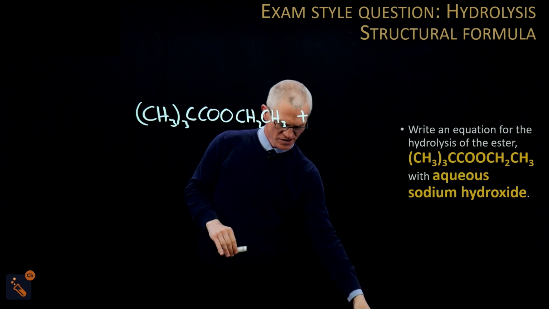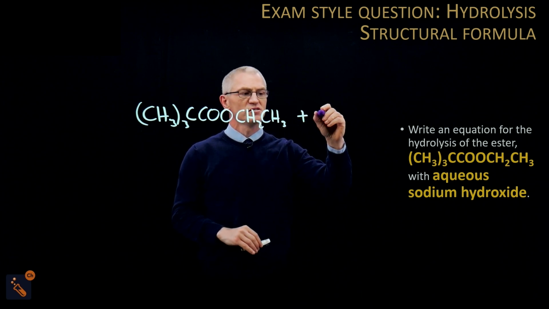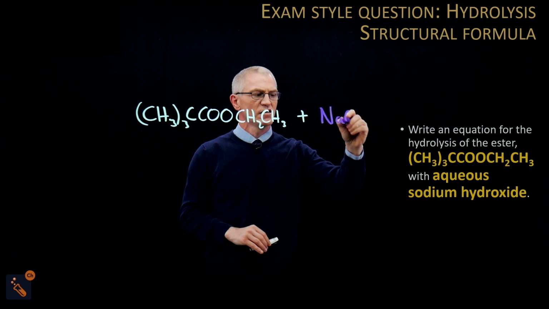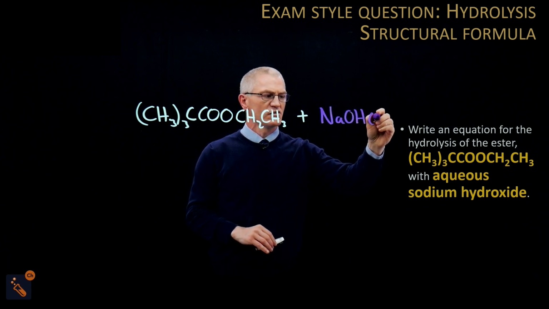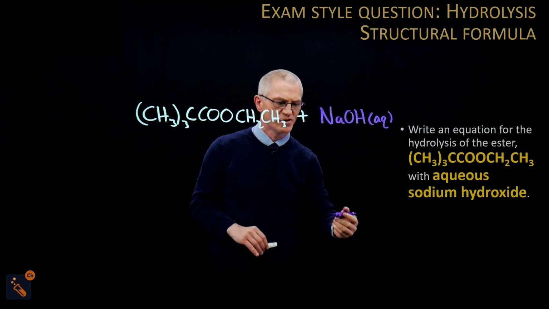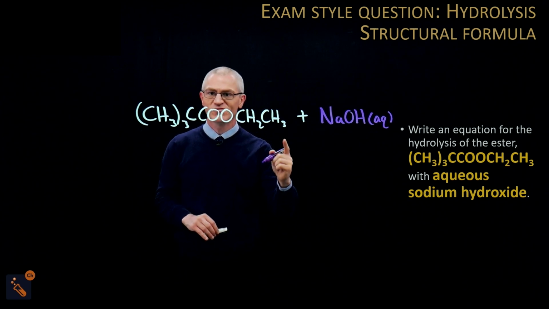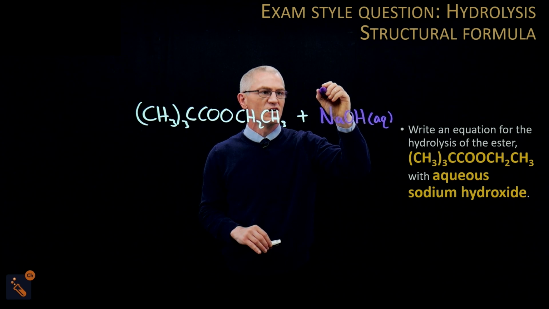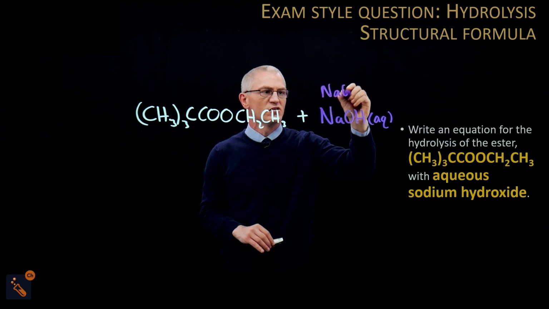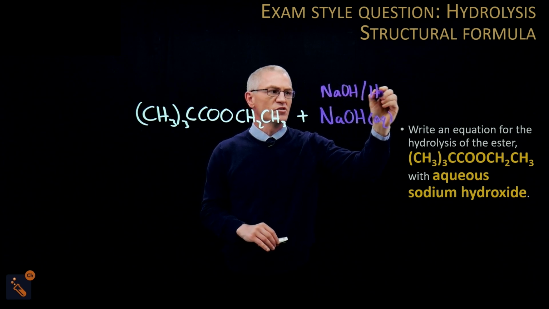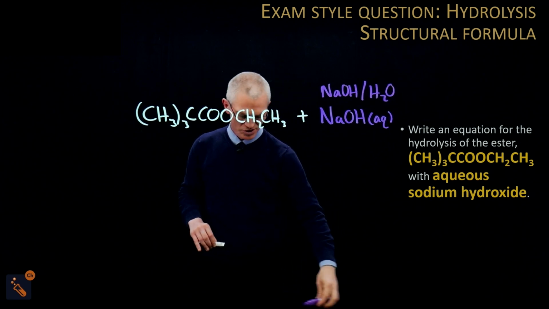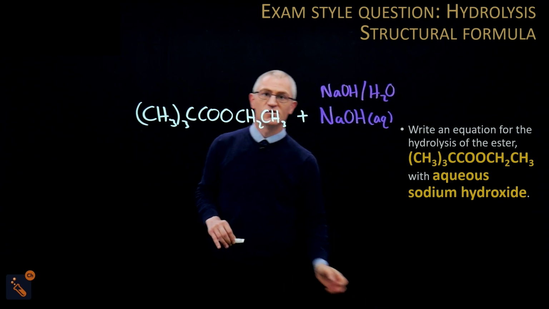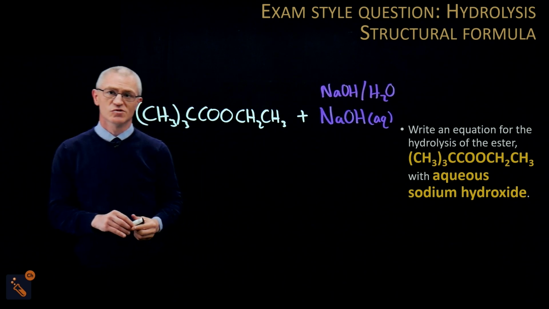Now, the important thing is that it's aqueous sodium hydroxide, so we'll put NaOH aqueous. But the really important thing to remember is that this is essentially sodium hydroxide and water. As we've done in all the previous questions, we have to look at it as sodium hydroxide and water.